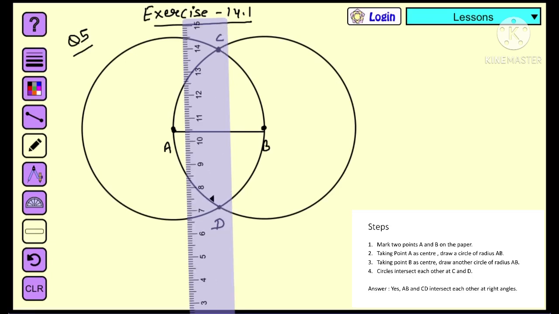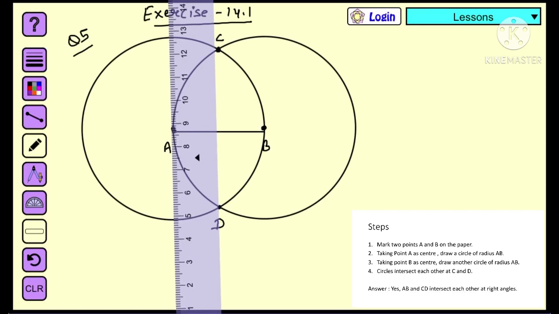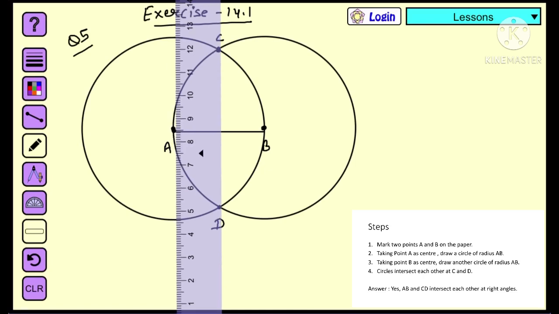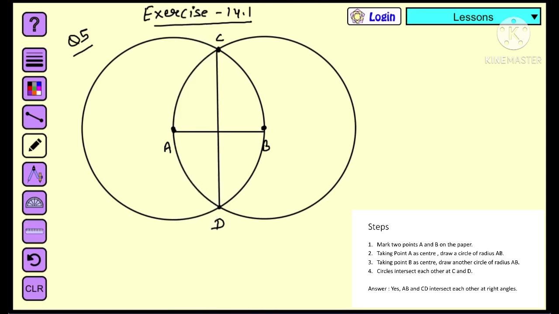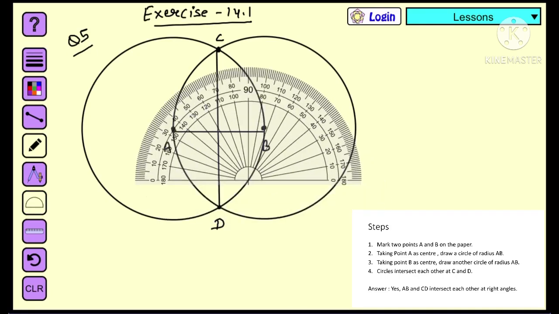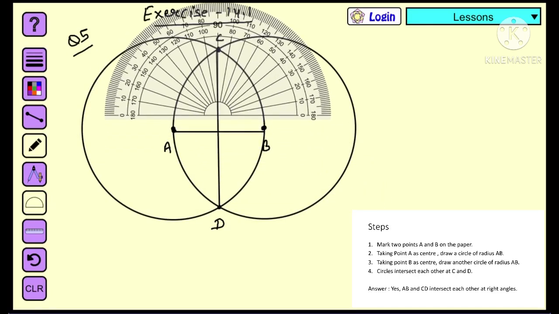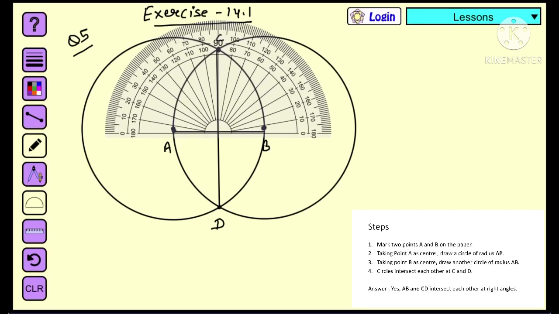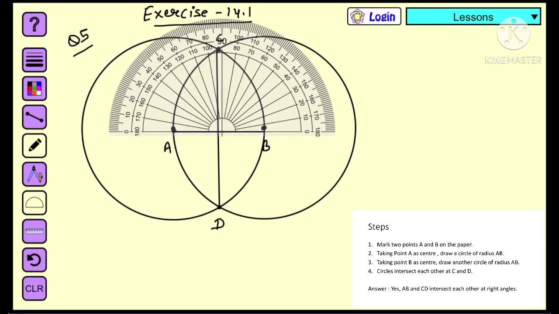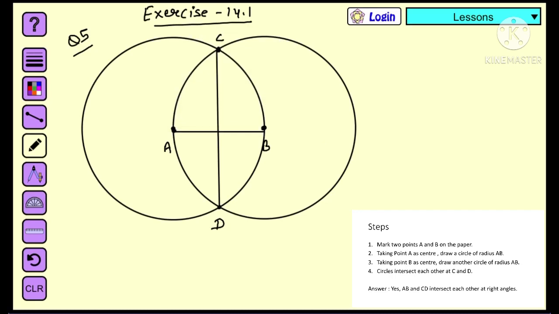We will join C and D. We will join both points. Like this. Now you can measure both angles. You can see that they are at right angles. So this question is complete.